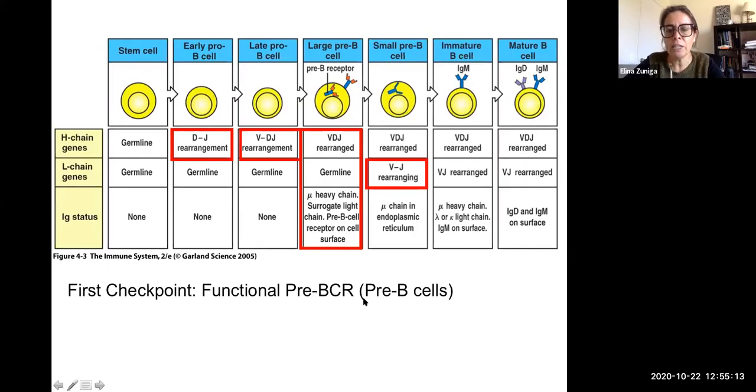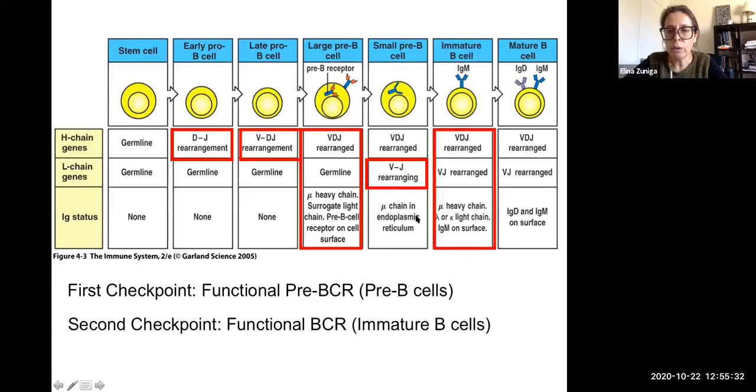If this checkpoint is passed, and so there is a functional pre-BCR, now the small pre-B cell will start rearrangement of the VJ segment in the light chain locus. And then this variable region of the light chain will allow transcription of the light chain.